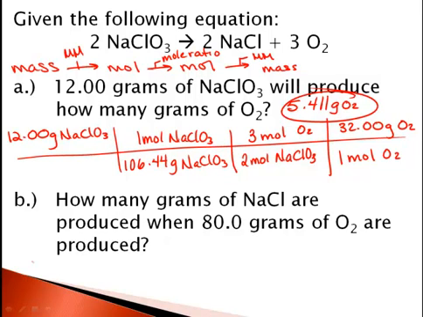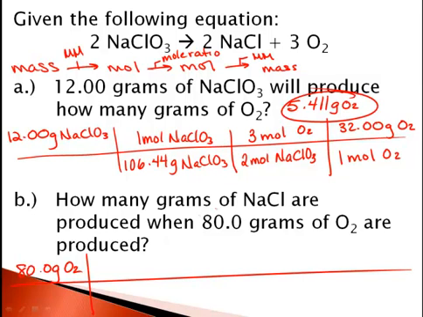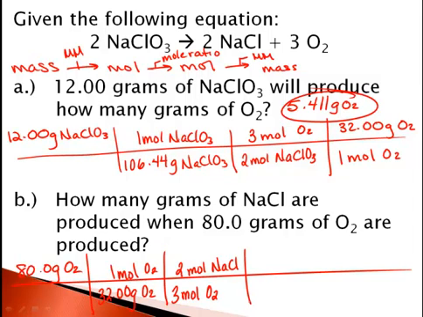In part B, we're starting with 80.0 grams of oxygen. Well, 32.00 grams of oxygen in 1 mole of oxygen. That's our molar mass. Our balanced equation shows us that we have 3 moles of oxygen, and we have 2 moles of NaCl. And then we're going to use our molar mass of NaCl.